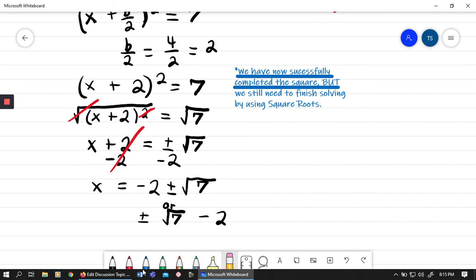Or if this wound up being an imaginary number, we would simplify it by writing it in its imaginary form. Remember, there's 3 different ways that it's possible to simplify it if we can simplify it. All right, so that's it for this example here.